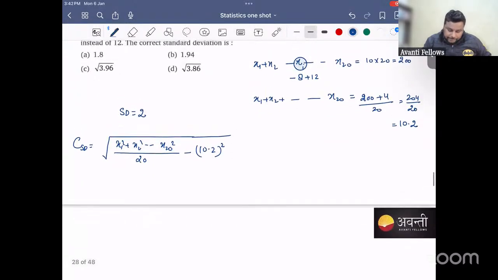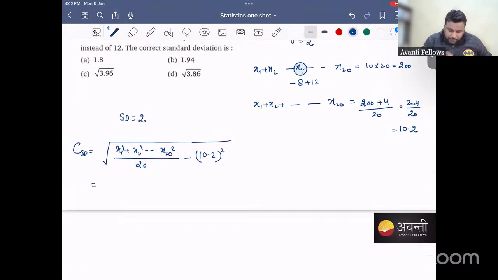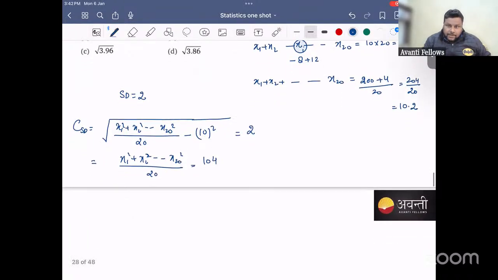Understood? But before that I need to calculate the sum of squares, so it directly won't work. It is 10 square, and this is 2 square. That means x1 square plus x2 square up to x20 square whole divided by 20 is 4, then it became 104. 104 means sigma xi square will be 2080.